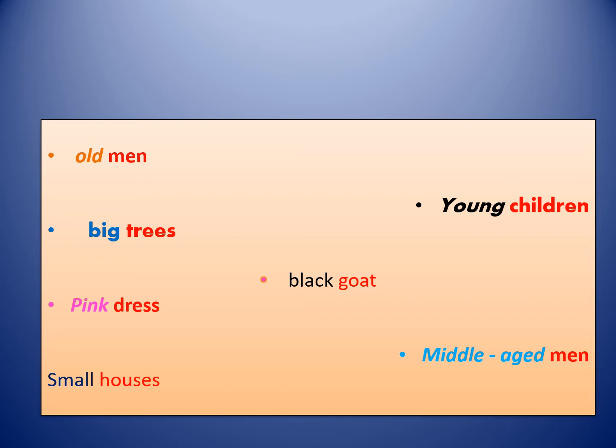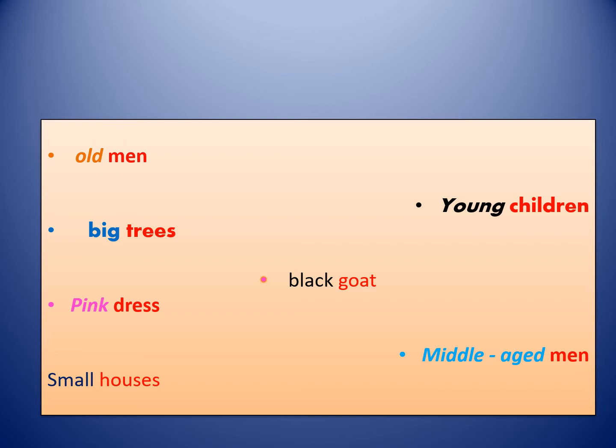What do we call the word that talks about a name of a person, thing, or place? We call that word noun. So, students, here men, children, trees, goat, dress, men, houses. These are all nouns.